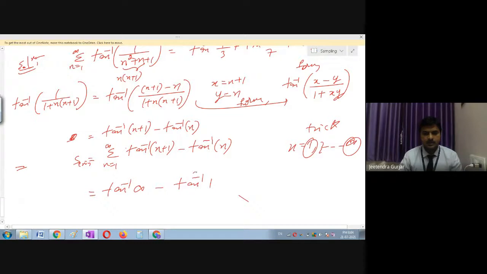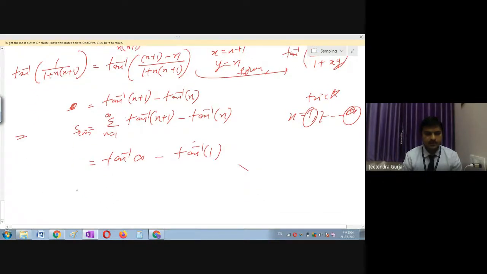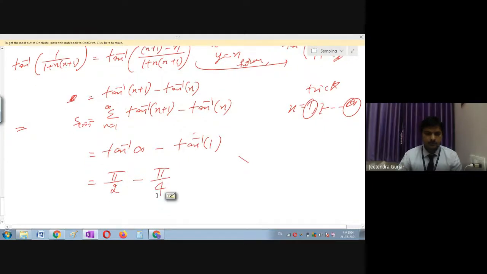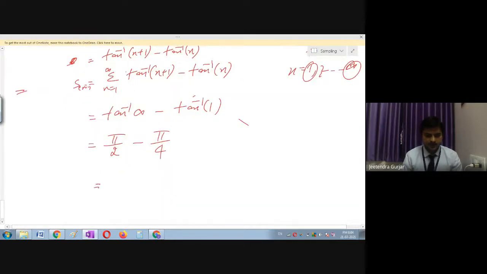First term is tan inverse 1. So now easily you can simplify this one. This is a trick you have to remember. Tan inverse infinity is pi by 2 minus tan inverse 1 is pi by 4. So you can just simplify. You will get this is equal to pi by 4. So this is our answer.